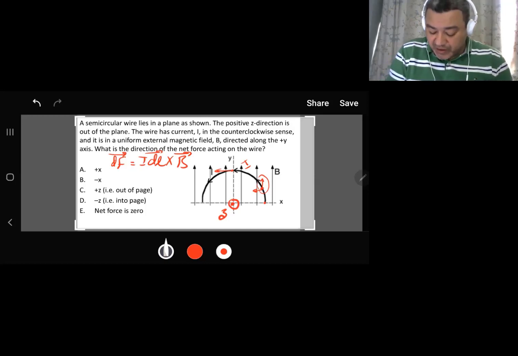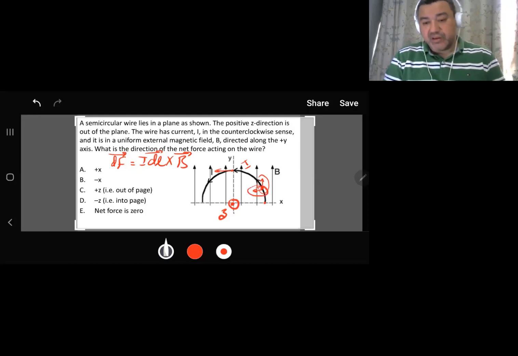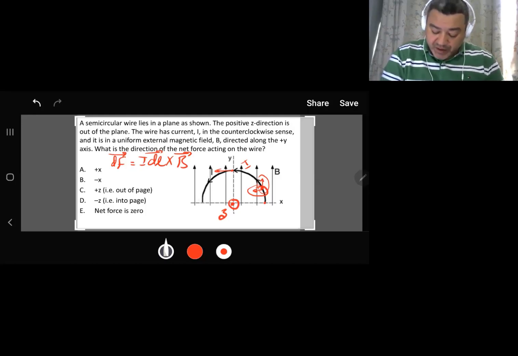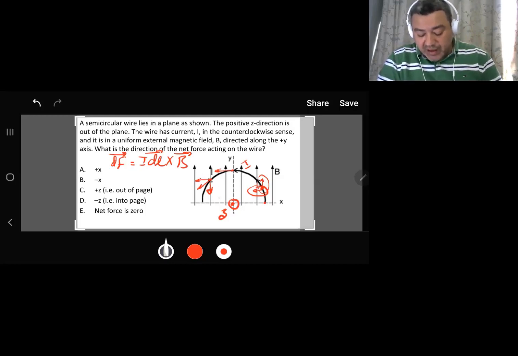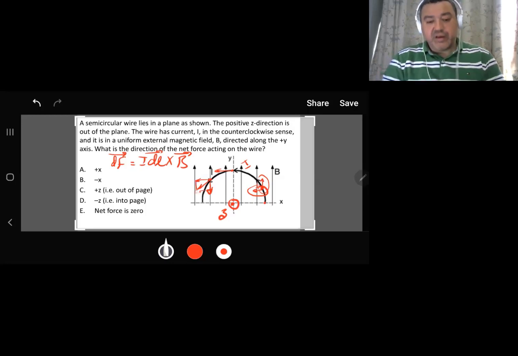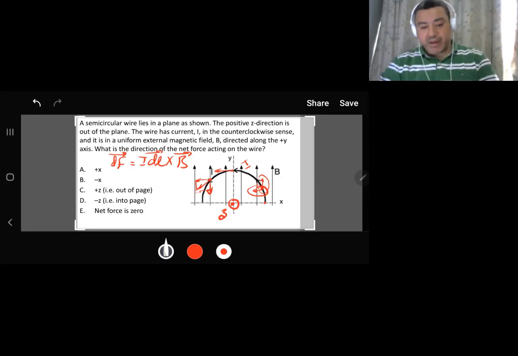So the only component affecting my magnetic force is this horizontal one that is pointing in this direction. Now, the same thing happens to the second half, where when it rolls off this way, the direction is like this, which means it can be decomposed into two components. One of them is vertical, anti-parallel with B, and the second one is horizontal in the same direction.